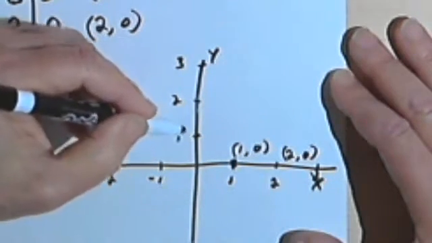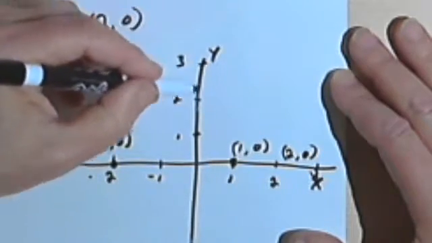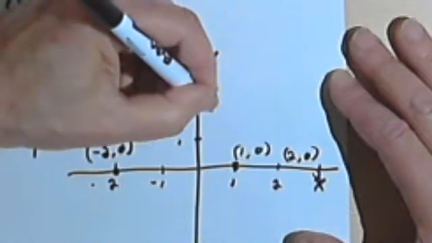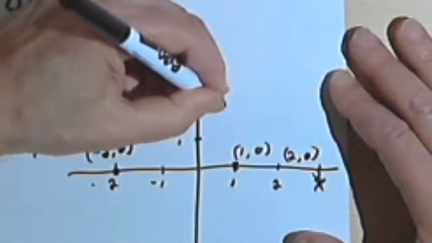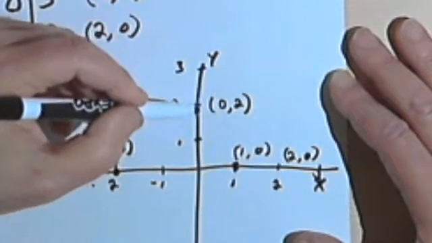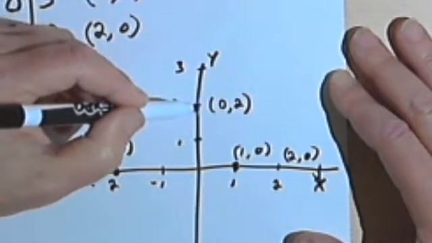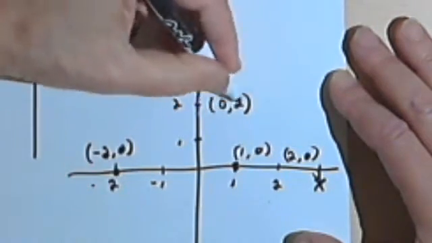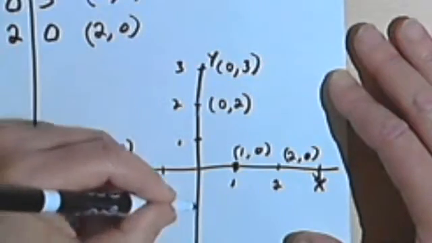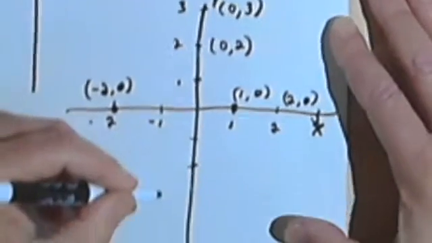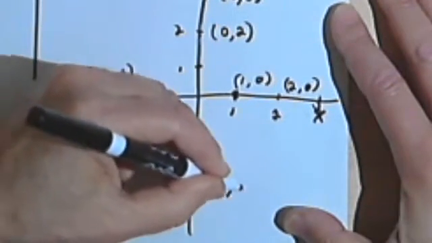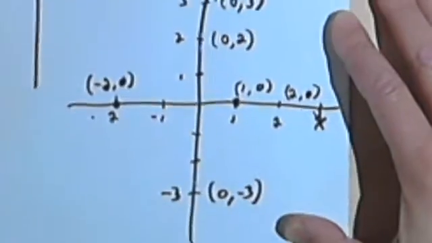Now, in the same way, every point on this y-axis could be labeled with an ordered pair where the first number is 0, and the second number is the place on the number line where I am. So this would be (0, 2). This would be (0, 3). Down here at -3, I would have (0, -3).